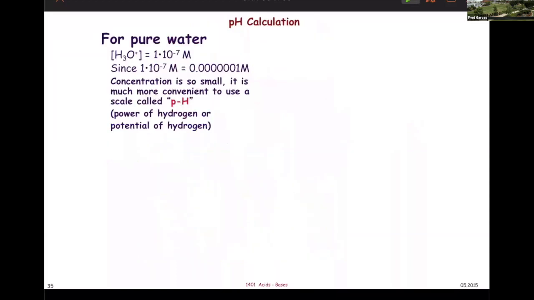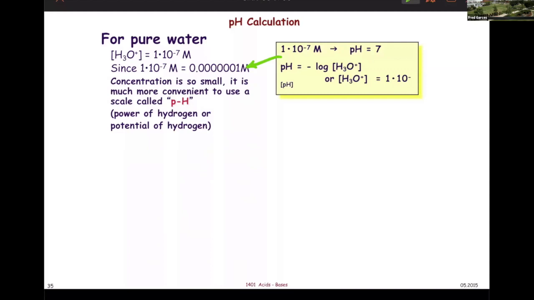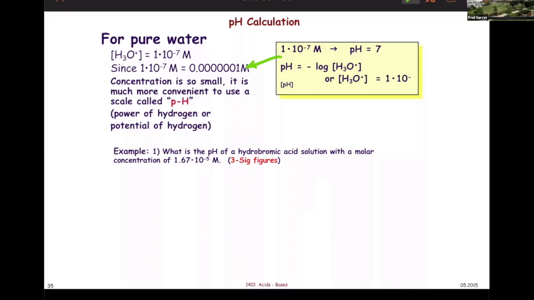Let's take water. And water, if you write it longhand, is 6 zeros and then a 1. And let's see how we can do this calculation with our calculator. Whenever you have a nice clean number like 1 times 10 to the minus 8, 1 times 10 to the minus 9, 1 times 10 to the minus 3, then you can easily do this in your head, because if you take the log function of that, that's just 8, that's just 9, that's just 3.